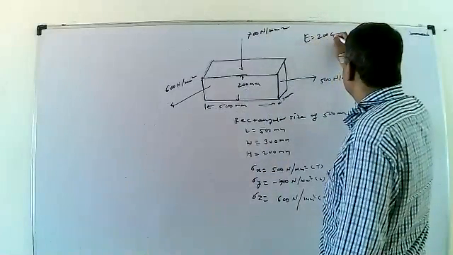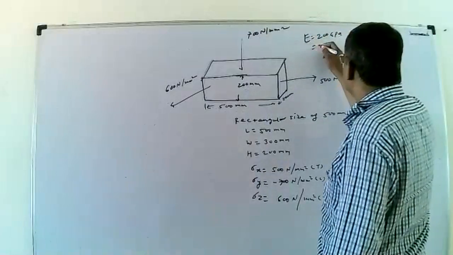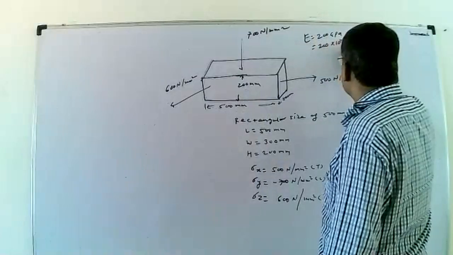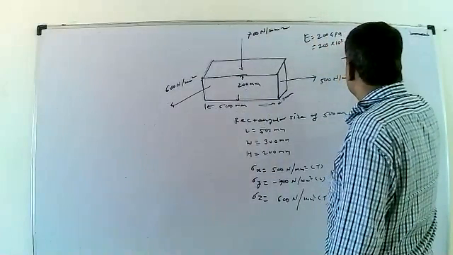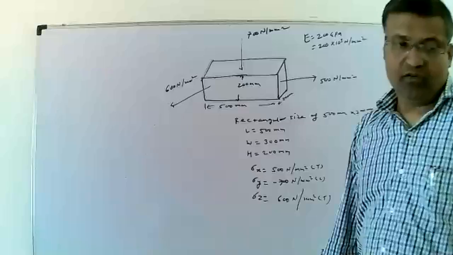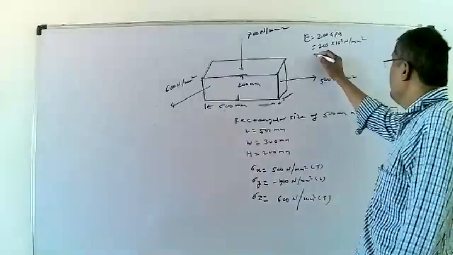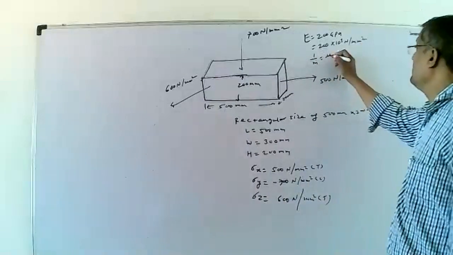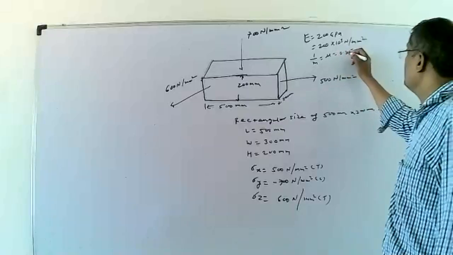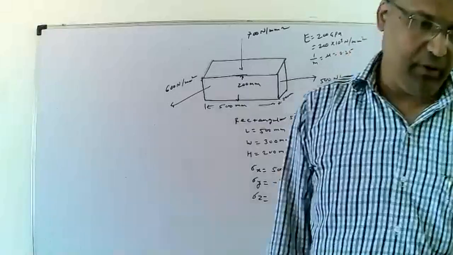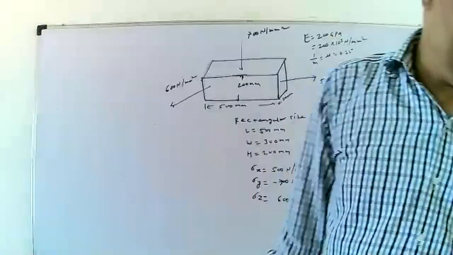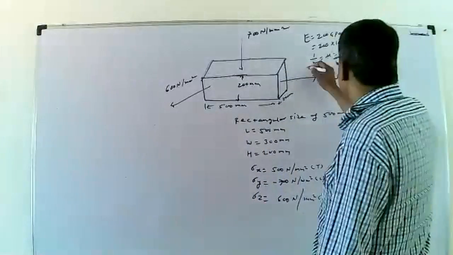E is given 200 gigapascal, 200 into 10 raised to 3 Newton per mm square. Then one more thing is given, 1 upon m, 0.25. Then to find the change in volume.